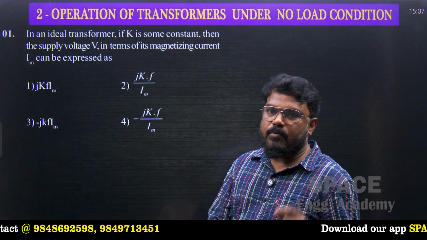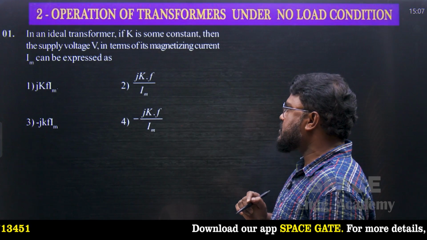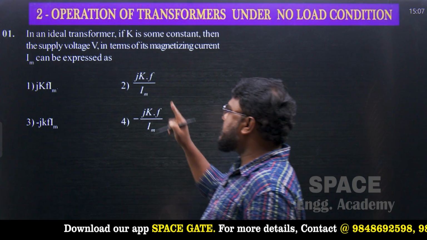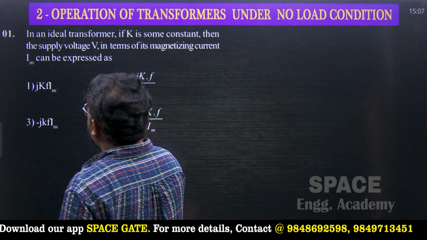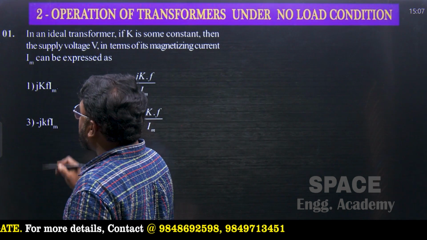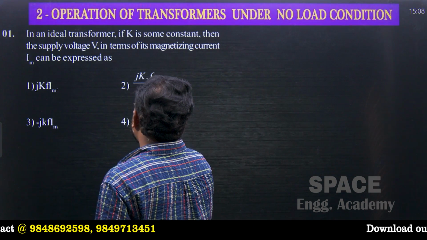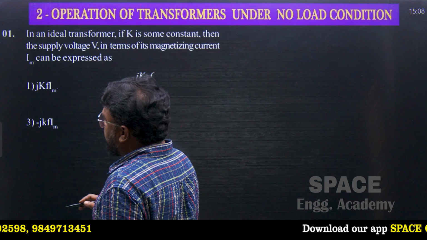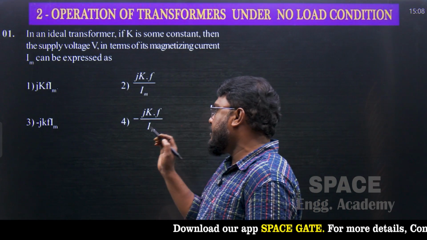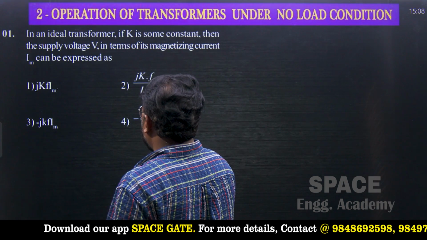First, question number 1: in an ideal transformer, if K is some constant, then the supply voltage V in terms of its magnetizing current IM can be expressed as: option 1, jKfIM; option 2, jKf divided by IM; option 3, minus jKfIM; and option 4, minus jKfIM.